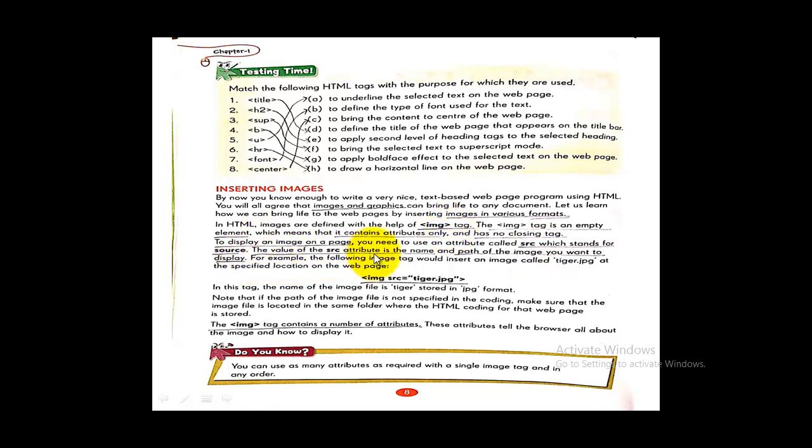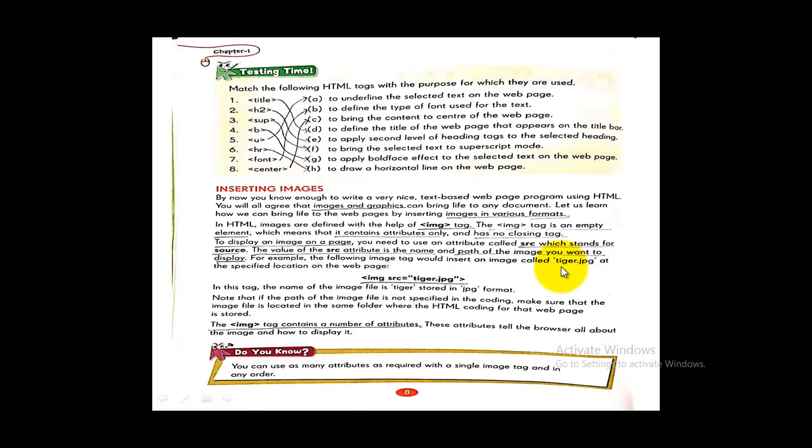The value of the src attribute is the name and path of the image you want to display. For example, the following image tag would insert an image called tiger.jpg, a picture of a tiger in JPG format, at the specified location on the web page.